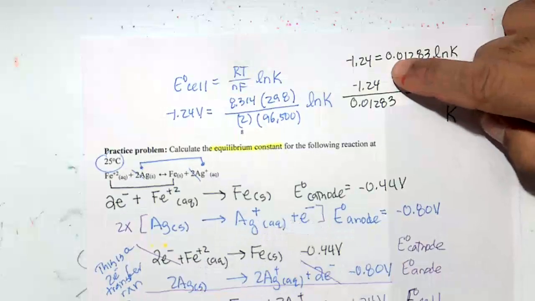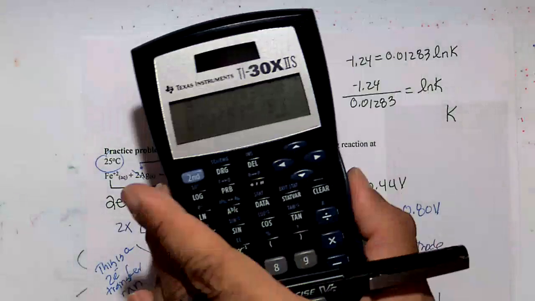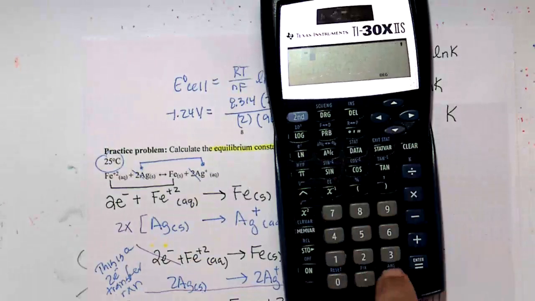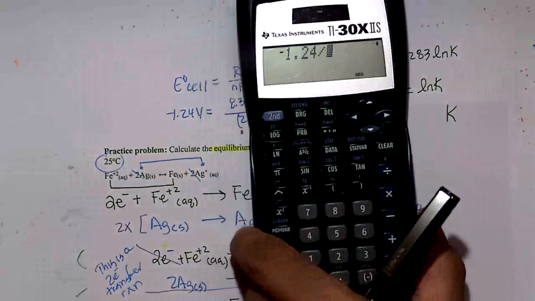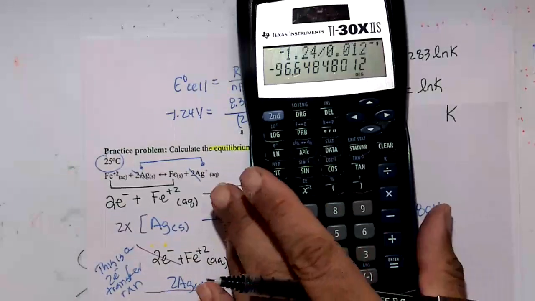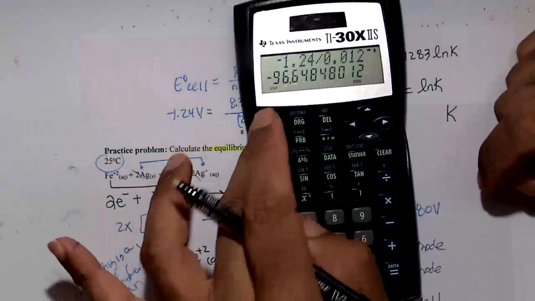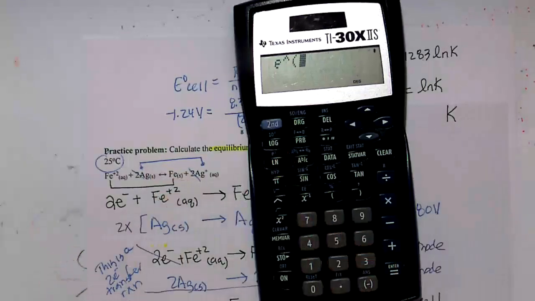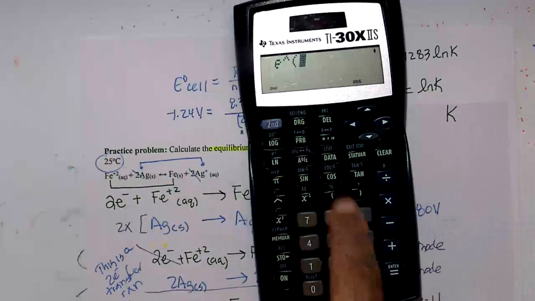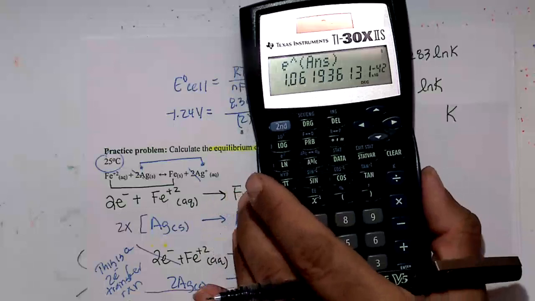So I'm going to take this minus 1.24 divided by 0.01283, and then I'm going to do the inverse natural log. Shift natural log of that answer. I'm getting 1.06 times 10 to the minus 42.